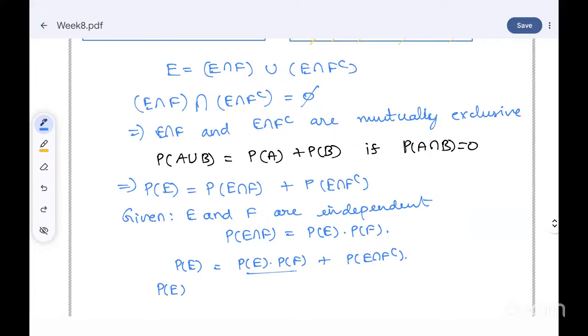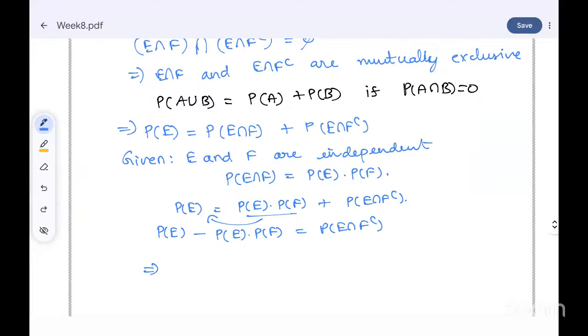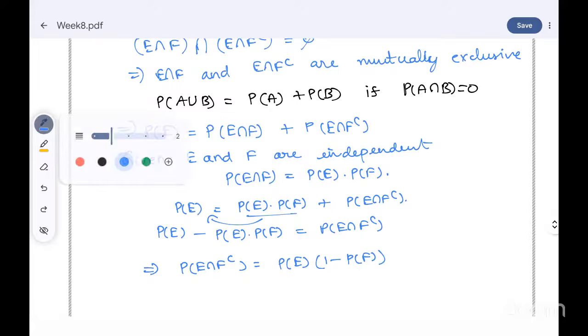This term, I'm going to bring it here: P of E minus P of E into P of F is equal to P of E intersection F complement. So this means that my P of E intersection F complement is P of E into 1 minus P of F. Now what is P of A complement for any A?